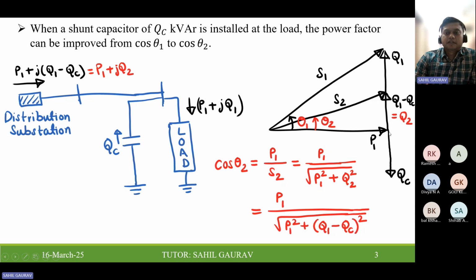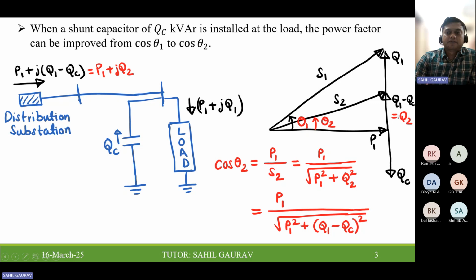This is the reactive power being supplied by the capacitor. So the net reactive power component coming from the substation is Q1 minus QC, which is Q2. So the reactive power demand from the substation is reduced.